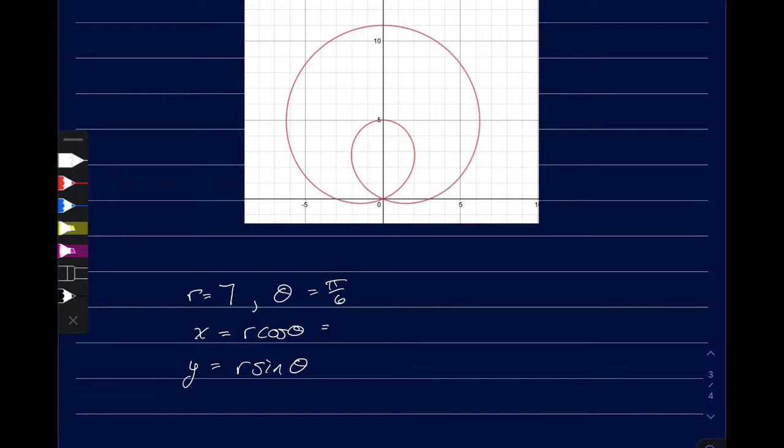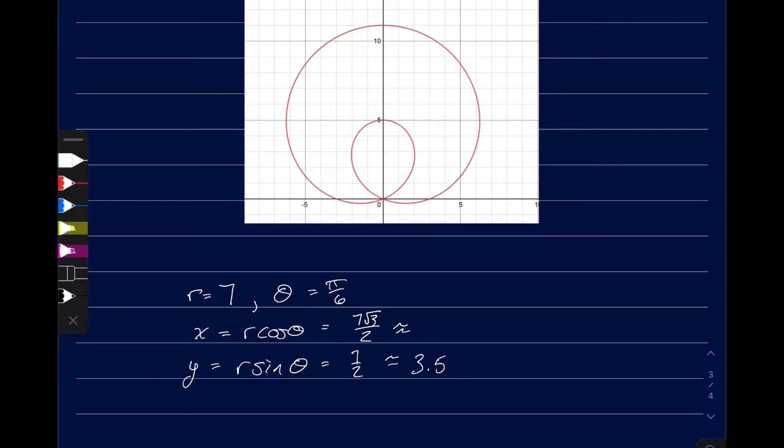So x is equal to r cosine of pi over 6, so that's 7 square root of 3 over 2, and y is 7/2.